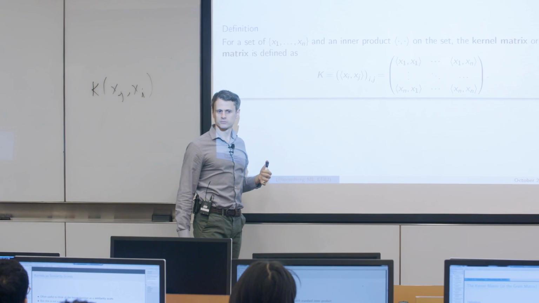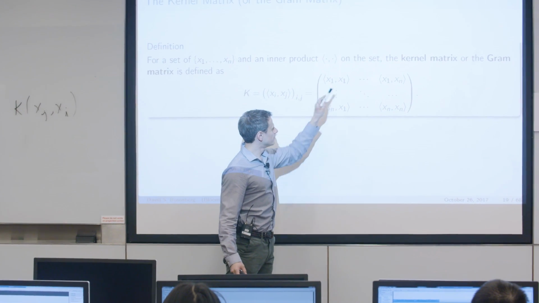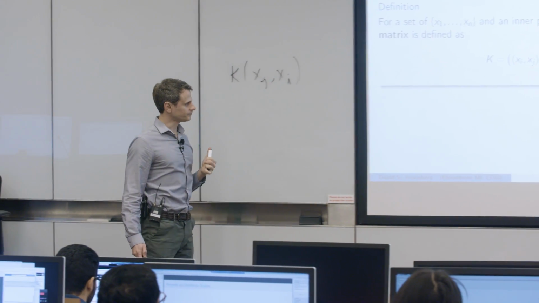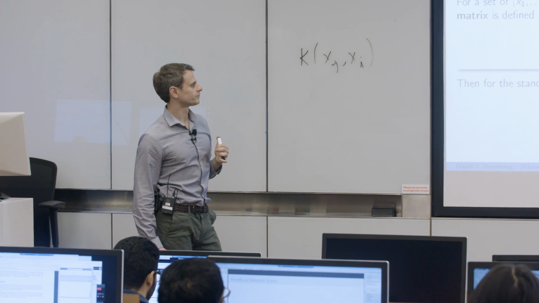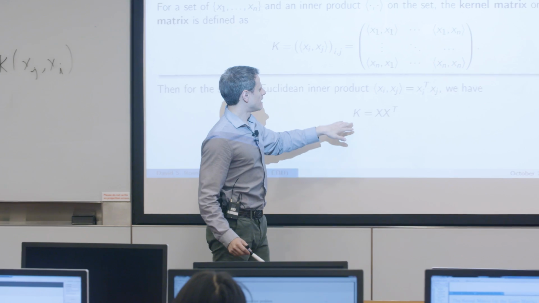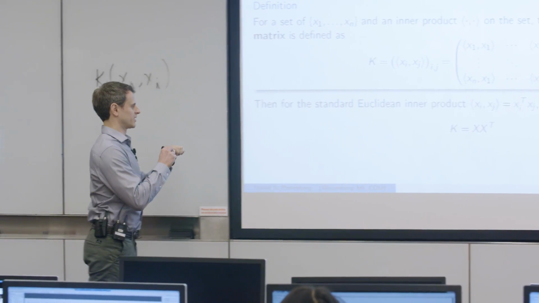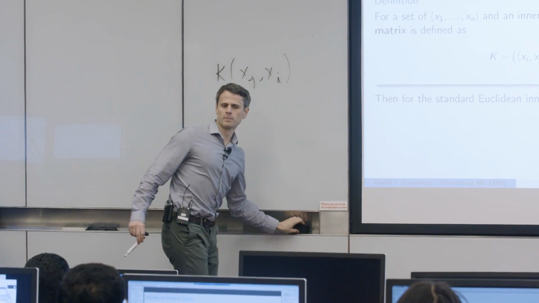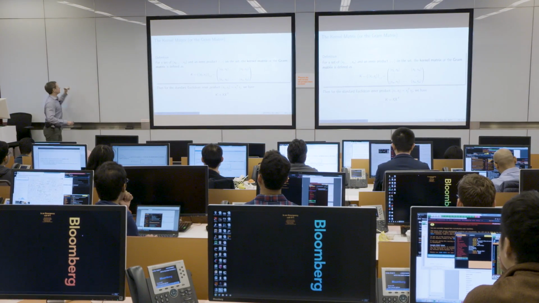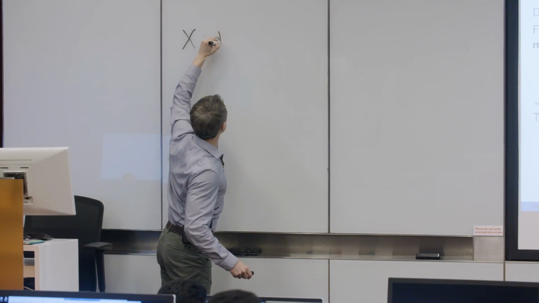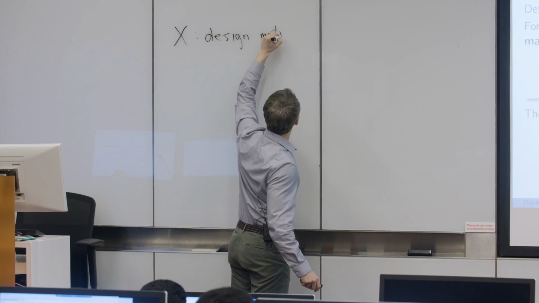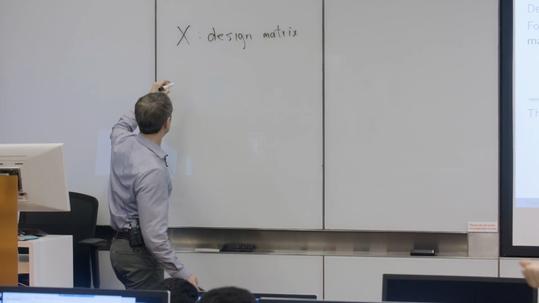So this capital K for the kernel matrix is the matrix of all the possible inner products between our n inputs. If we're using the standard inner product, let's convince ourselves that we can write this kernel matrix as X X transpose. Let's remind ourselves what we call capital X: the design matrix.